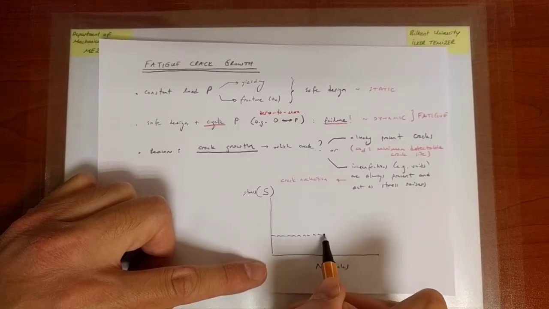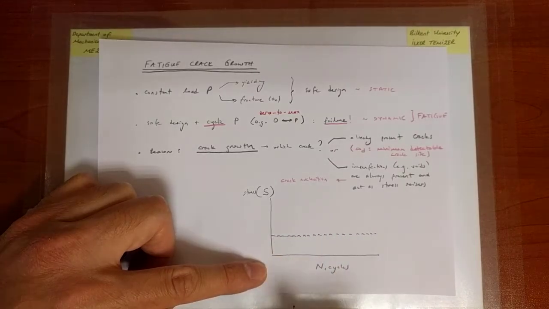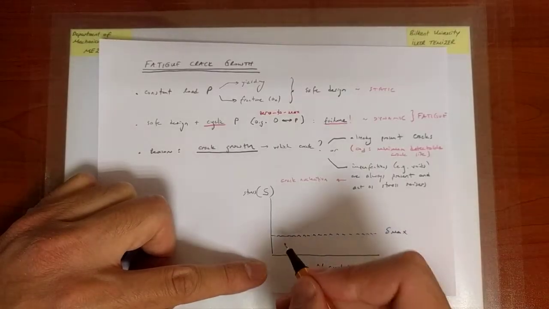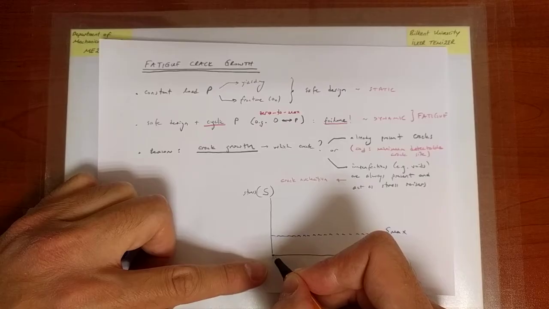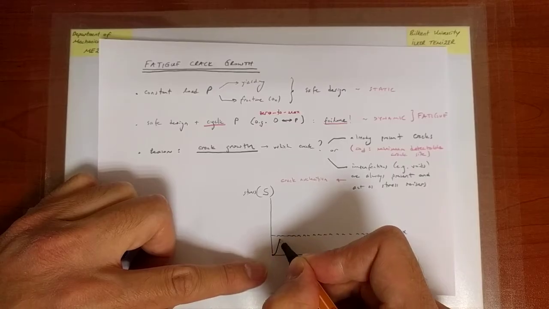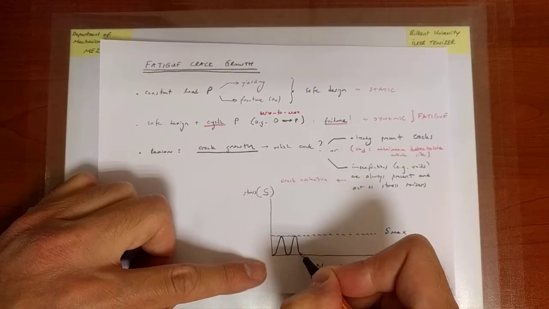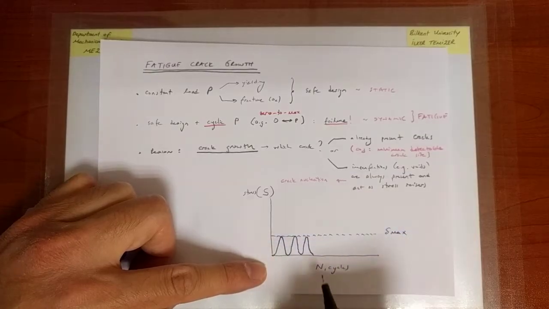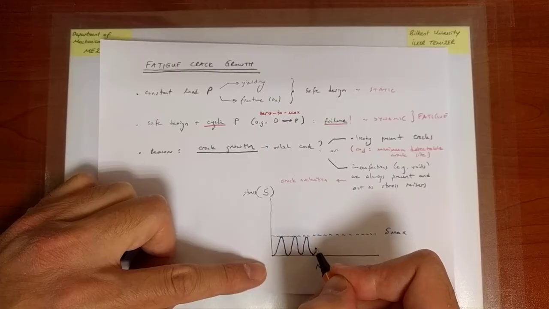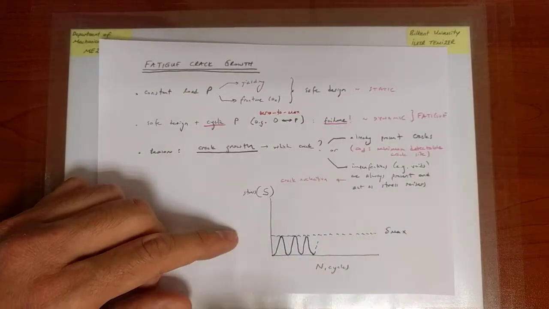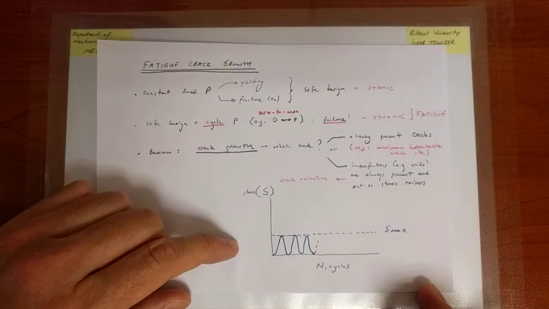The max value of the load is indicated by this blue dashed line, and the load starts from 0, goes up to a certain value. That's one cycle, the second cycle, the third cycle, etc. There will eventually be many cycles, hundreds of cycles, thousands of cycles, perhaps millions of cycles. We don't know yet.